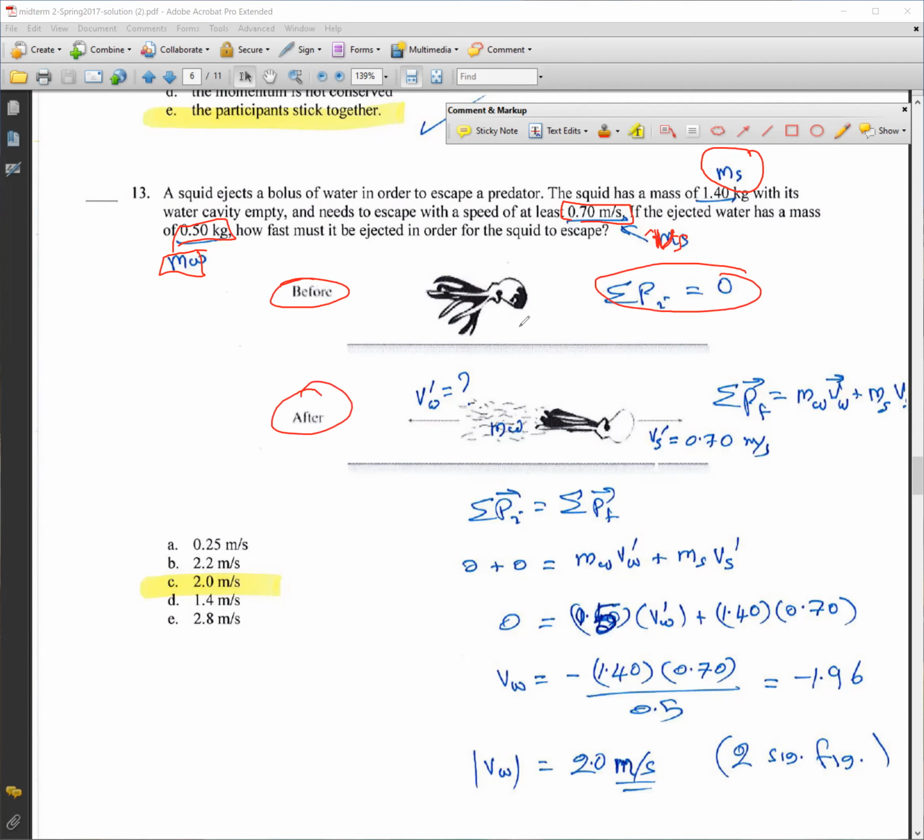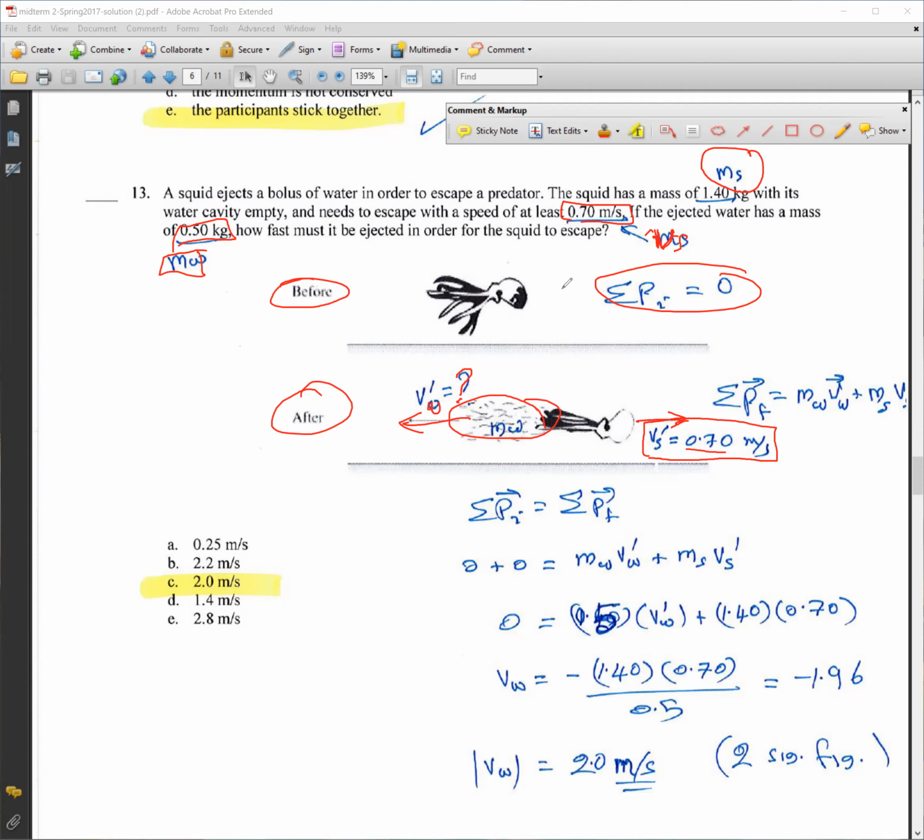After the water is ejected to the left, backward, the squid is moved forward. Here we're looking for velocity water. This is the unknown. At what speed must this water be ejected so that the squid goes forward at the speed of 0.7 meters per second? This is the question.